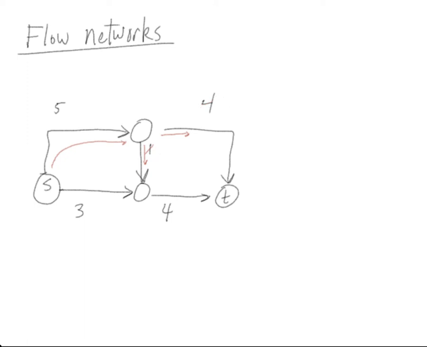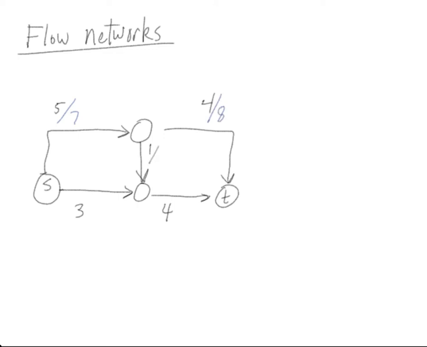Now, we can also assign what we call a capacity to each edge, or to each pipe in this example. We could say that this pipe has a capacity of, say, 7. And this pipe has a capacity of 8.